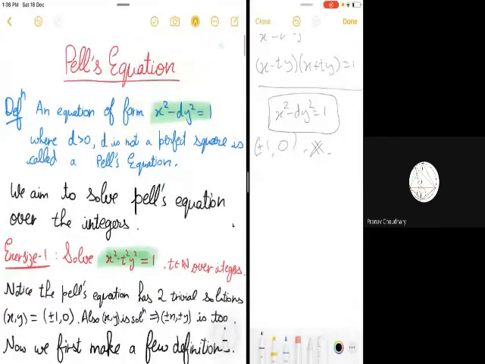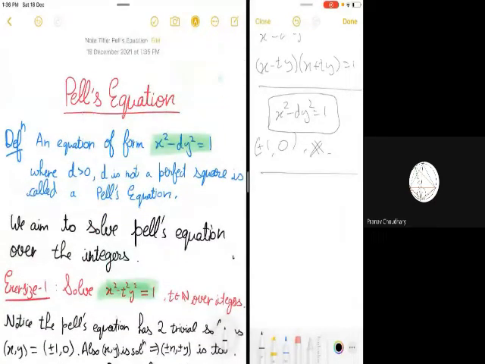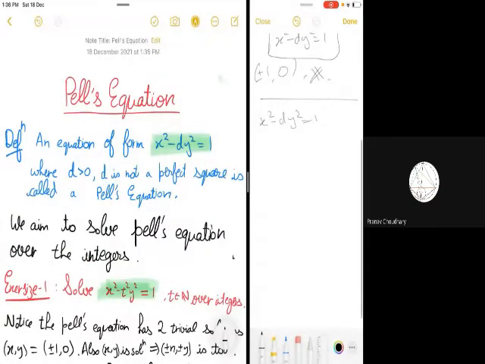So okay, we want to solve something like this. It turns out that it is good to factorize it like this.